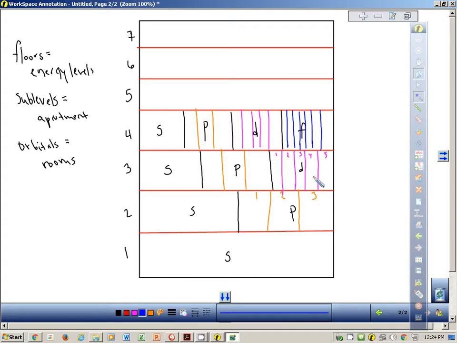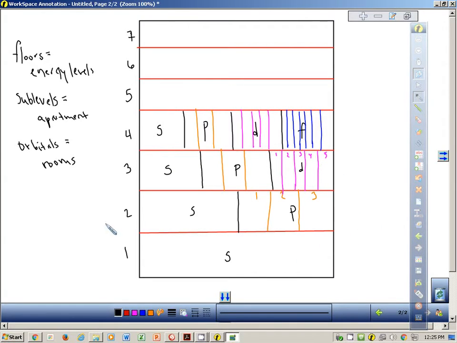Before we go to lunch, here's what I want to discuss. The second bullet that you just looked at on your notes says that all of the orbitals of a sublevel have the same energy if within the same energy level. Here's kind of what we're saying.